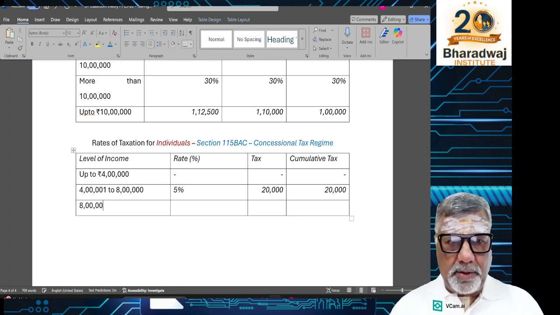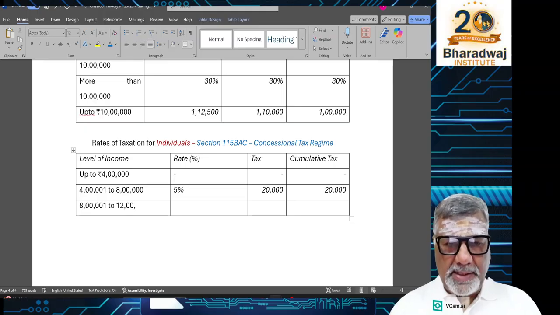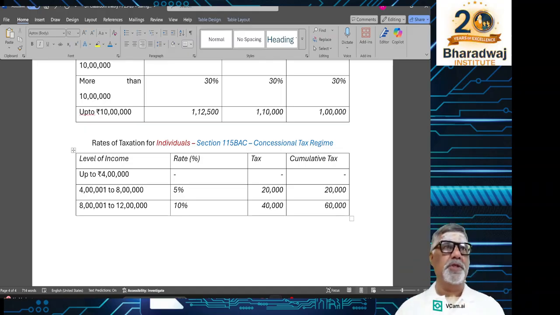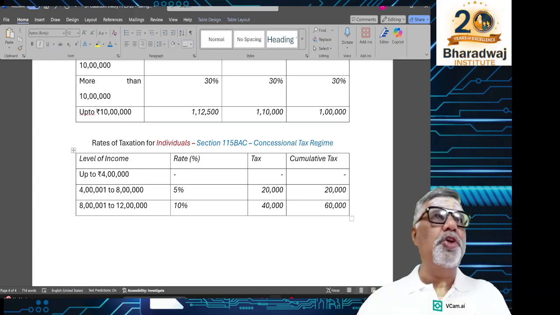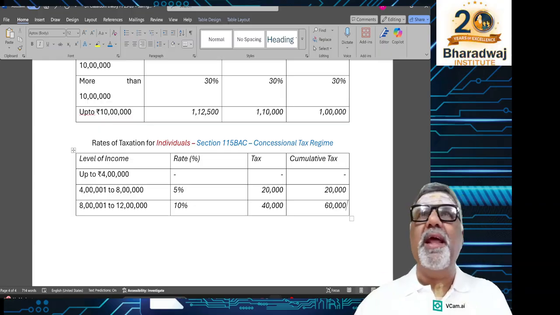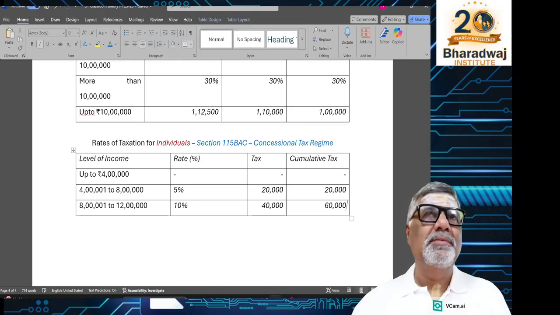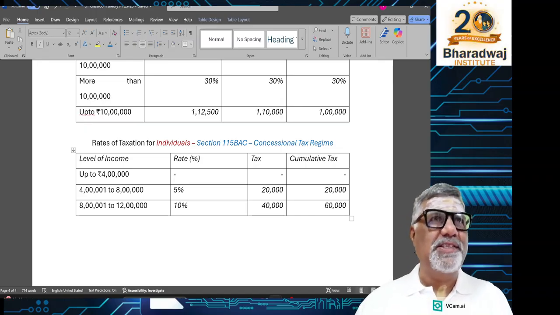Then 8 lakh to 12 lakhs, the taxation is 10%, so 40,000, making the cumulative 60,000. Remember the 60,000, because when I talk about the 87A rebate, the rebate is 60,000 or the actual tax, whichever is less.